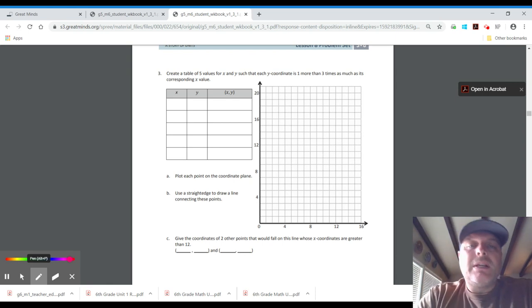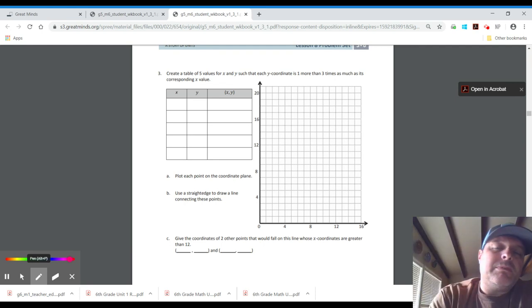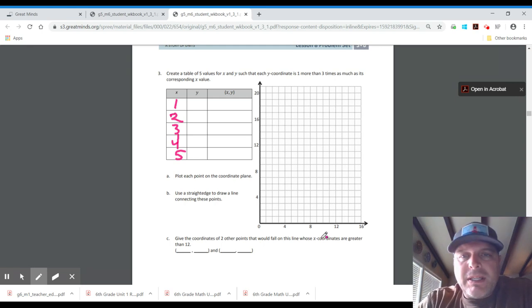Okay. Now remember we did this in the beginning of the year. So let's go ahead and put in our coordinates first. We're going to just use 1, 2, 3, 4, 5. That's good. Okay. And they want us to do this 1 more, so it's 1 more than 3 times the x.